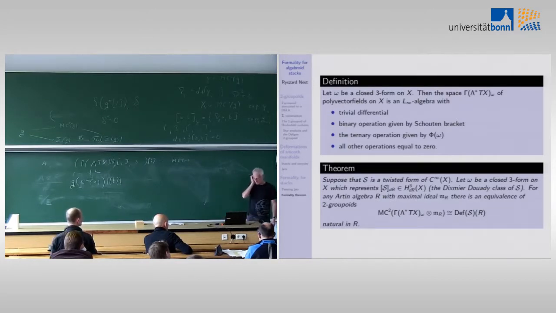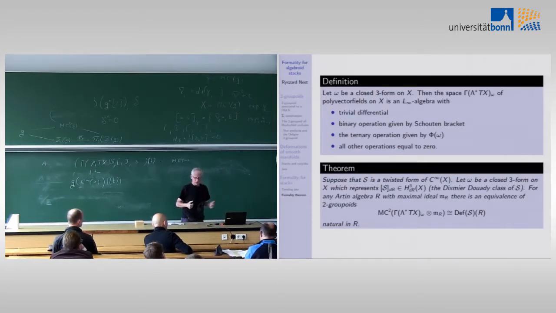Now the final outcome is that we got this twisted algebra, a differential graded Lie algebra of differential forms on the base with coefficients in Hochschild cochains in the jet direction.